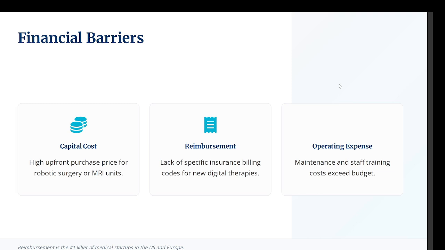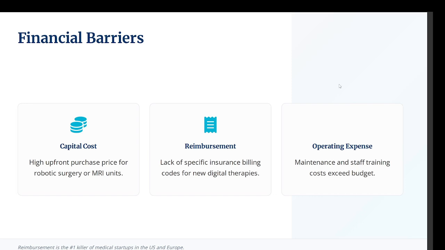Financial barriers. Financial constraints are among the most significant barriers to healthcare innovation. Developing, purchasing, implementing, and maintaining new medical technologies often require a substantial financial investment. A hospital must evaluate not only the purchase price but also installation cost, staff training, software updates, and long-term operational expenses.